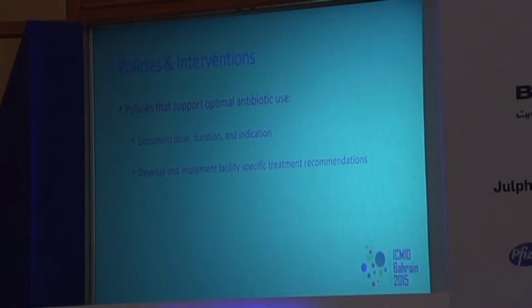General policies and interventions related to antibiotic stewardship, whether it's in the ICU or any hospital, may be looked into many different ways. Those that support optimal antibiotic use, like dose documentation, indication, contraindication, duration, you name it, or develop and implement facility-specific treatment recommendations.